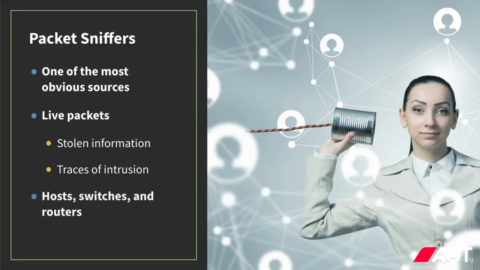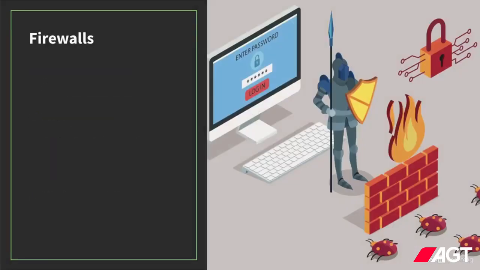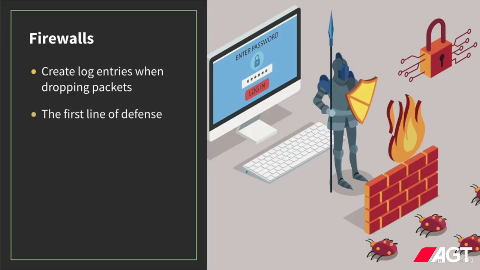Sniffing can occur at hosts, switches, and routers. Firewalls are another data source that creates log entries whenever a packet is dropped. They are the first line of defense in network security and one of the biggest targets for cybersecurity attacks.